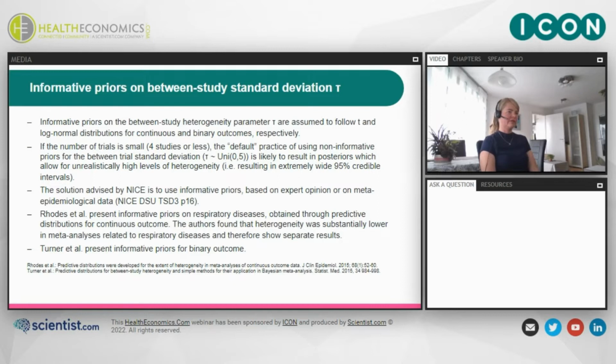They present these for a large variety of disease areas, from respiratory to oncology and many others, and also for comparison of pharmacological versus pharmacological interventions or other kinds of interventions. So for most cases, you can find what you need in the tables they present in their appendices.